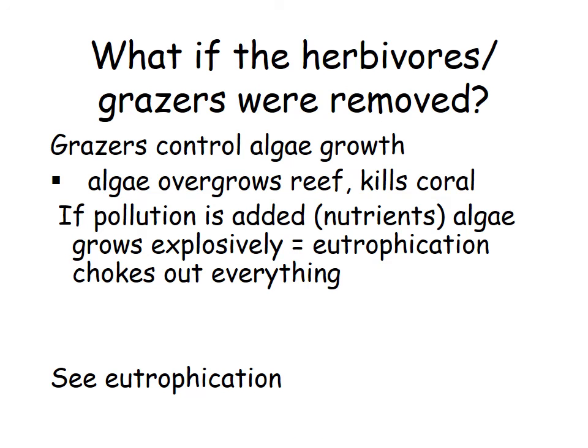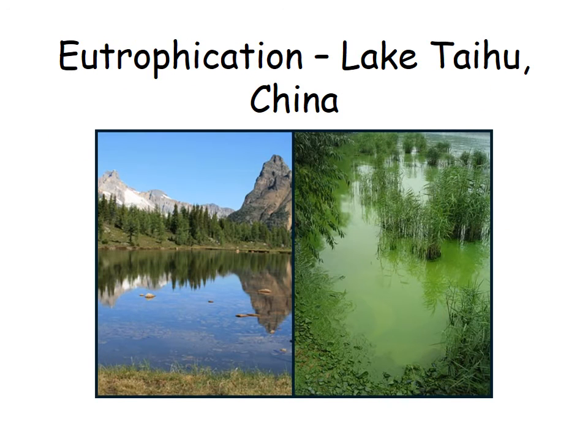Okay, so what if the herbivores and grazers were removed? Grazers control algae growth. Algae overgrows the reef and kills the reef. Pollution is added, the algae grows, and like I said, eutrophication chokes out everything but the algae. So let's look at some pictures of what eutrophication is. On the left there you have a lake, and everything's looking good.